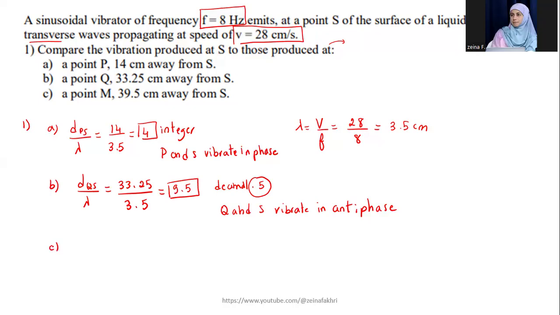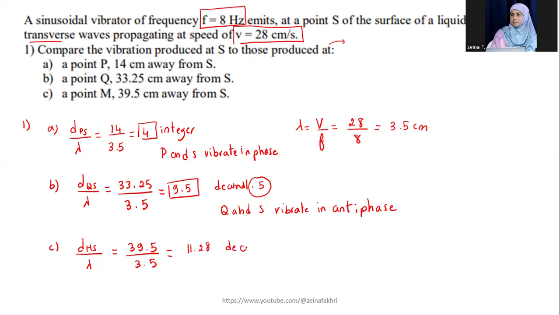Now in part C, point M, which is 39.5 centimeter from S, we'll do the same thing: distance between M and the source, over lambda, which is equal to 39.5 over 3.5, and we'll get as answer 11.28.